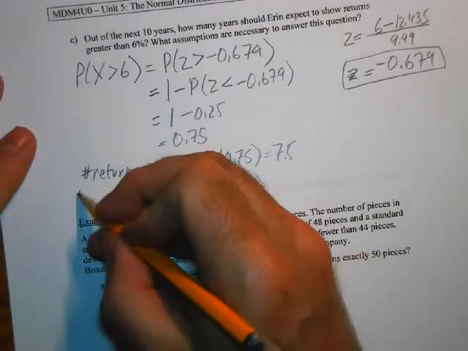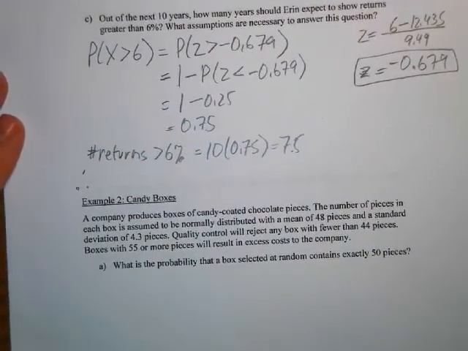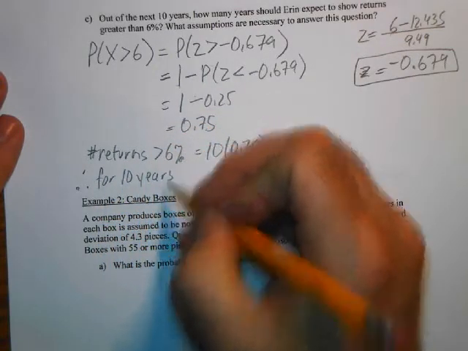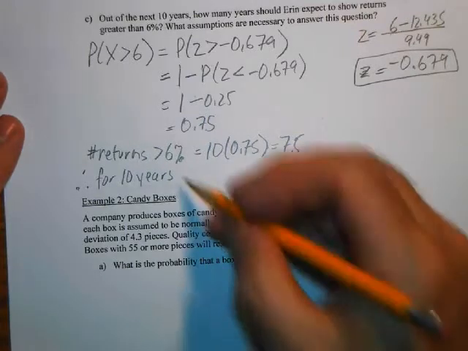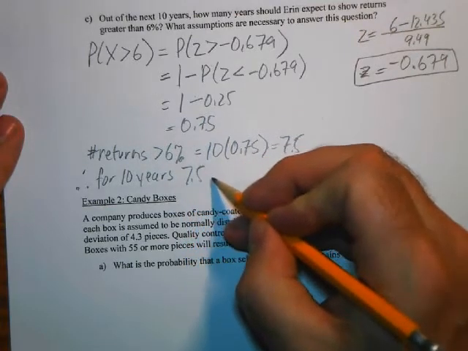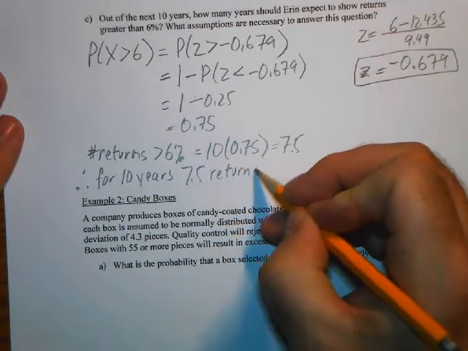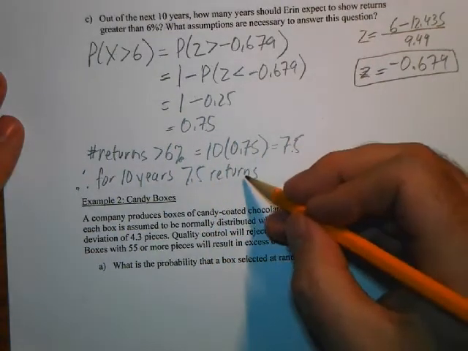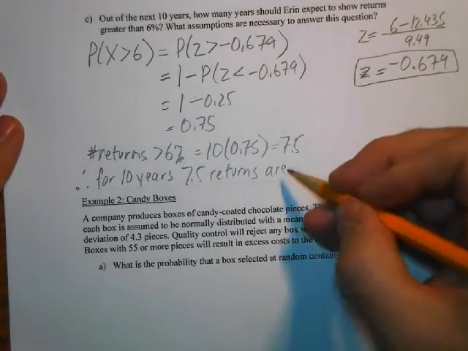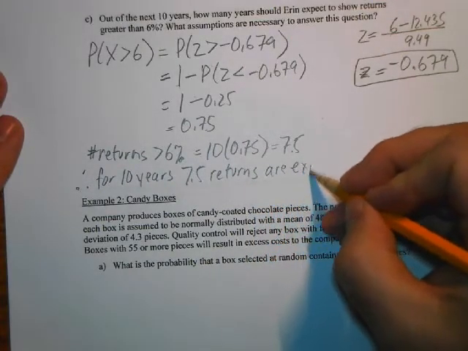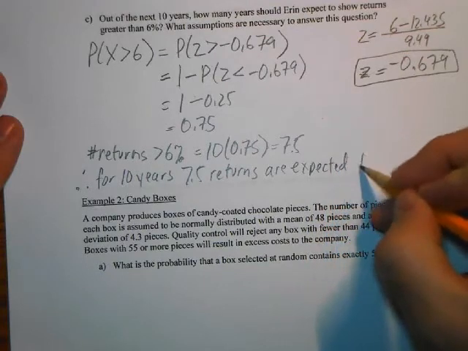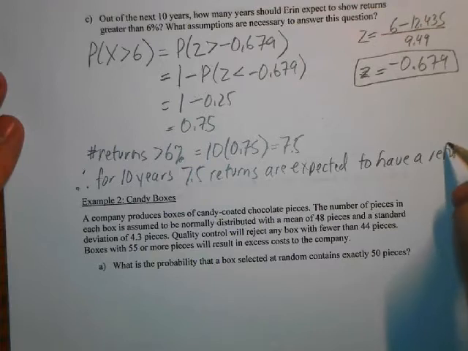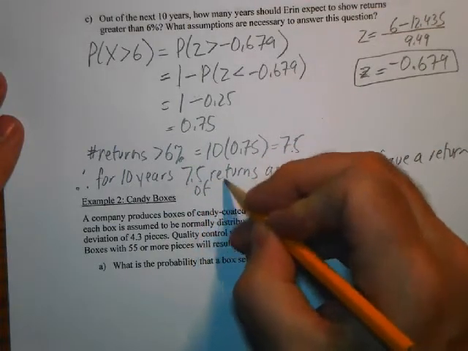So that tells us that for 10 years, now you could either say 7.5 returns, or you could just say 7 to 8 returns. That would be totally acceptable. 7.5 returns are expected to have a return of 6% or higher.